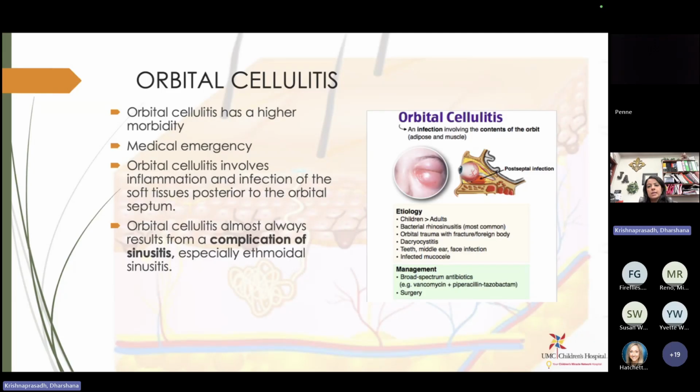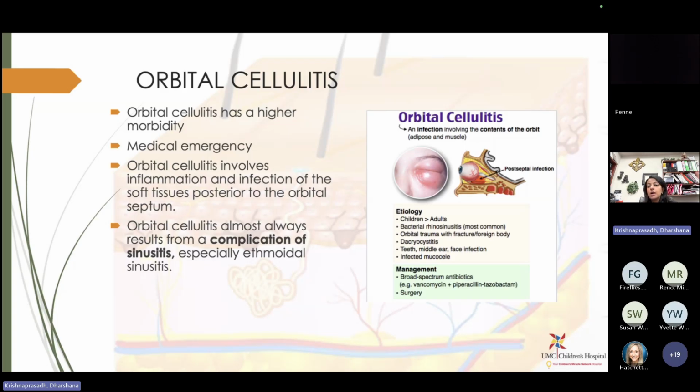Orbital cellulitis is an infection involving more the orbital tissue, where there is a more emergent need for treatment, with infection and inflammation of the soft tissues posterior to the orbital septum. The orbital septum is an imaginary line that kind of divides the eye into two, and any infection in front of that septum is pre-septal or pre-orbital cellulitis, and any infection of the soft tissue beyond it is orbital or post-septal cellulitis, and that one can occur more from complications of sinusitis.